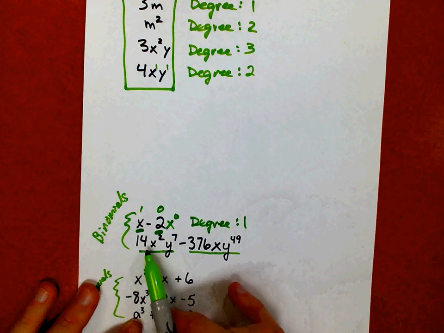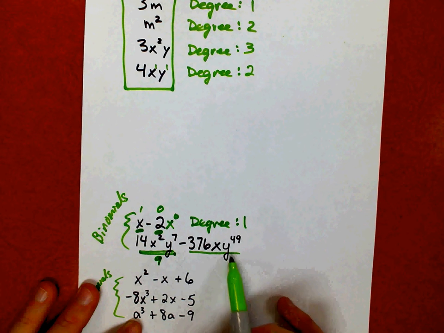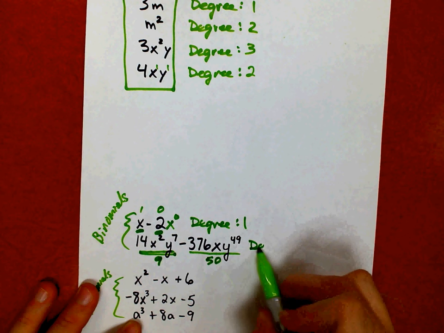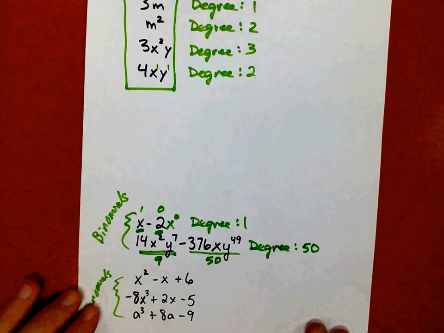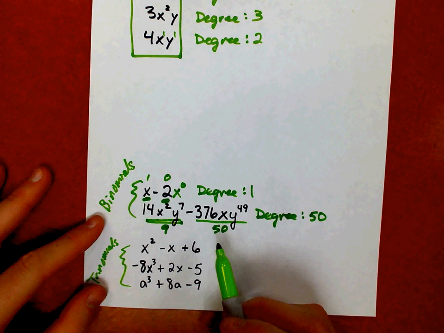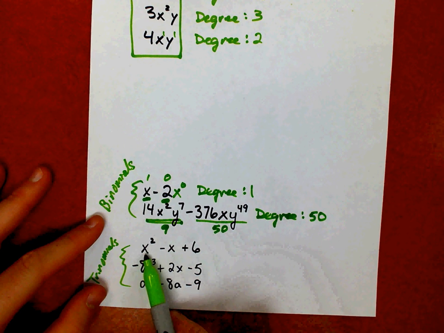Here I've got the degree of this term is 9, but the degree of this term is 50. So the degree of this binomial is 50. And looking down here at these three trinomials, the degree of the largest term here is 2.